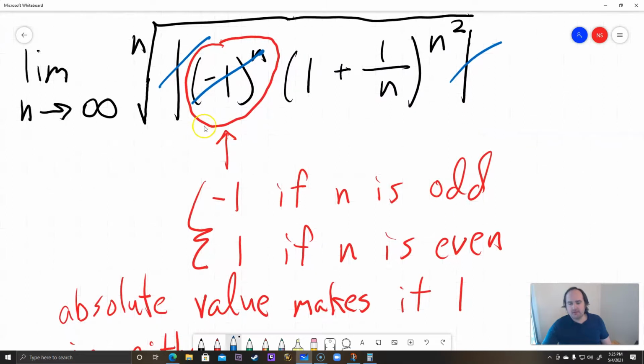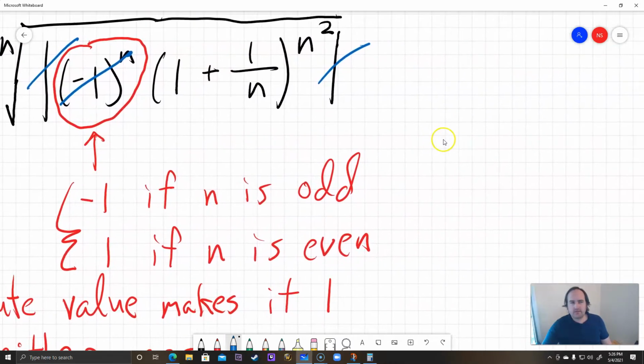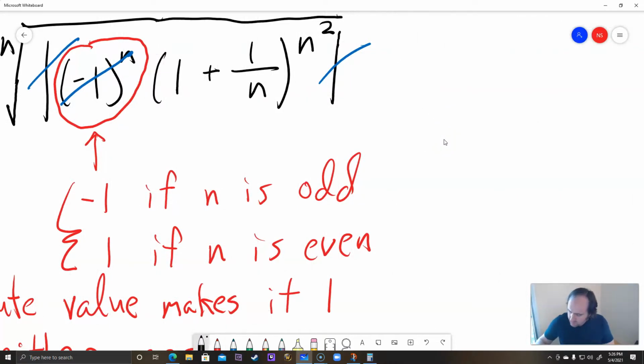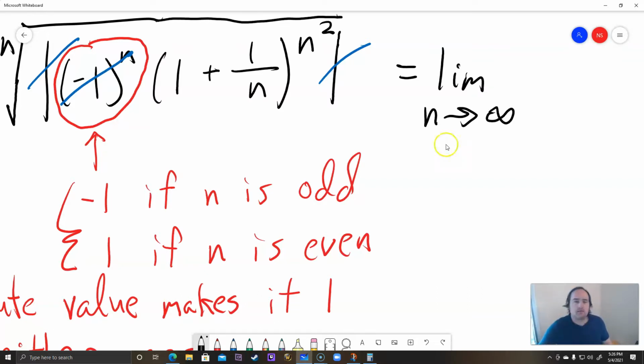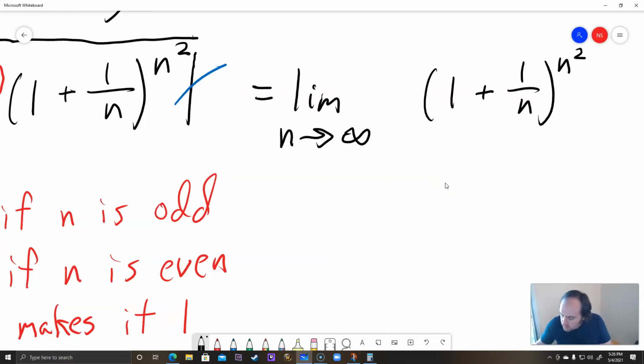Alright, and then to finish this, we have to deal with this nth root of parentheses n squared. Remember that the nth root is the same as raising it to the power of 1 over n. So I'm going to go ahead and rewrite it that way. So we have the limit as n goes to infinity of the quantity 1 plus 1 over n quantity to the n squared.